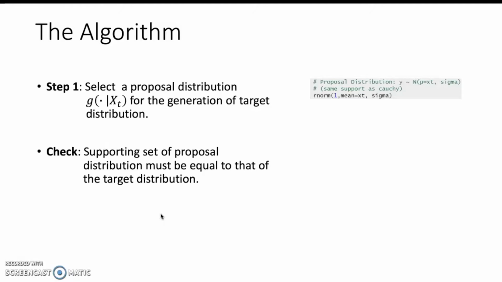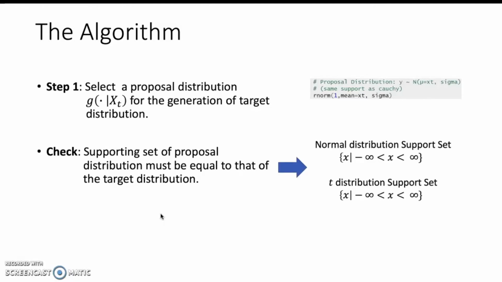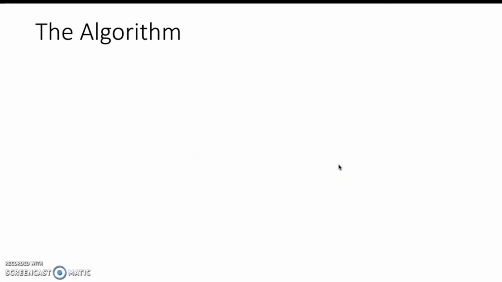One thing we need to check is that the supporting set of the proposal distribution must be equal to that of the target distribution. And here, as we can see, the normal distribution support set has the same range as the t distribution support set. Step 2, generate x0, the initial state of the Markov chain, from the proposal distribution.